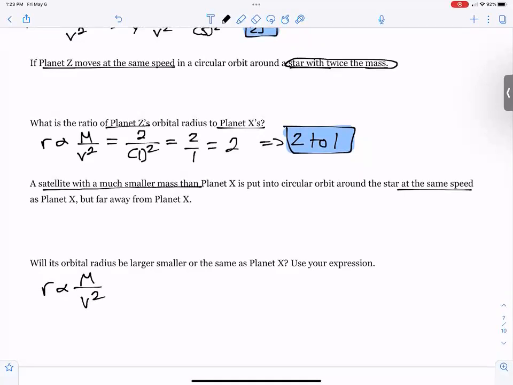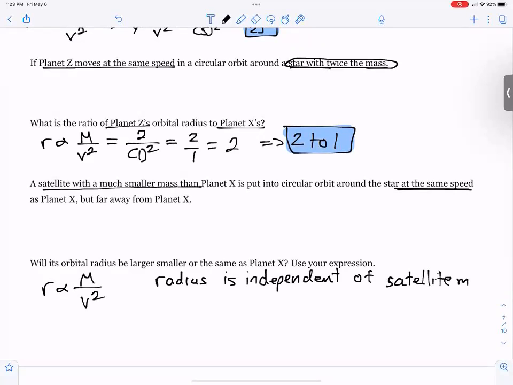If the speed is the same and the star's mass is the same, well, orbital radius is independent of satellite mass. Therefore, the orbital radius stays the same.